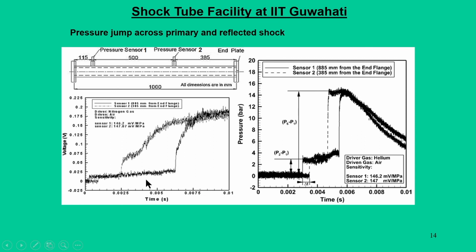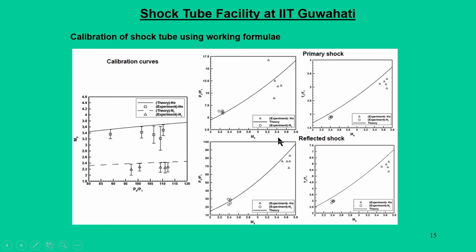I have already explained how the pressure jump happens in the primary shock as well as the reflected shock. Another important aspect is the analytical theory of the shock wave, where we talked about P2 by P1, P5 by P1, P4 by P1 as a function of Mach number. Now, the next important aspect is that we need to calibrate, that is, find out the shock wave Mach number experimentally.